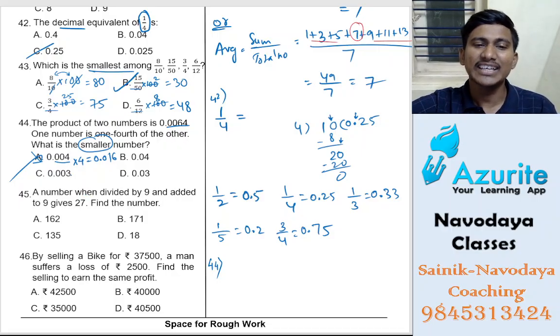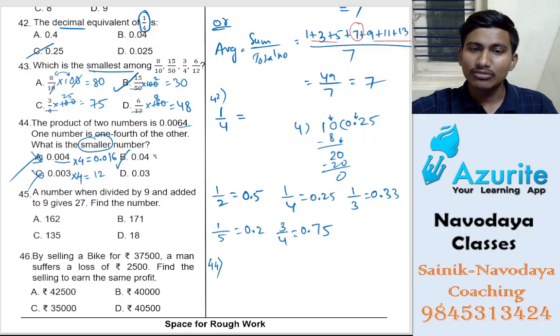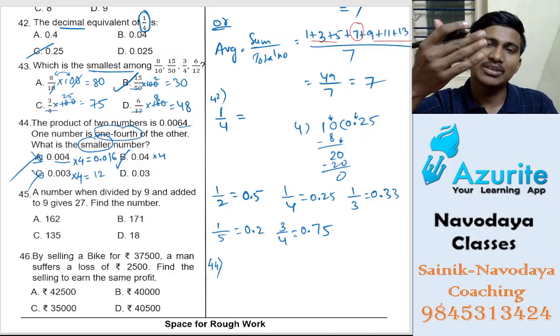And here if you take 3 and multiply with 4, what will be the answer? 3 4s are 12. 12 3s are 36. Not possible. We need 64. So here it should be 4 only. 4 4s are 16. 16 4s are 64. Right? So option B is the answer. Okay? So see here, 1/4 means the larger number will be 4 times.